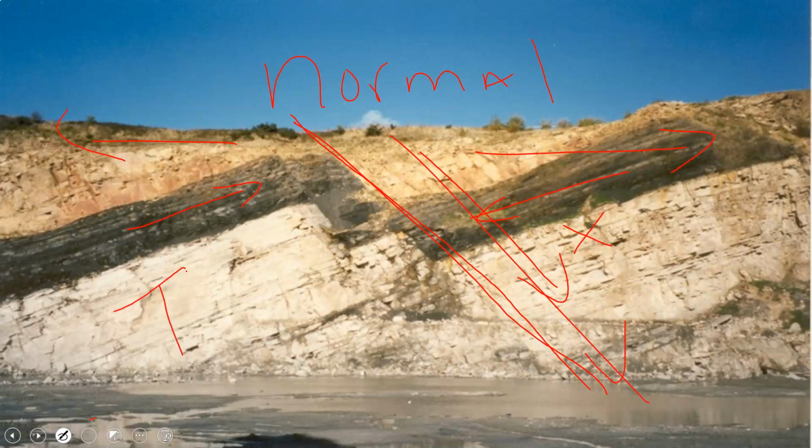So this is what is called tensional stress. By looking at this geologic structure, we can deduce what type of stresses were associated with this landscape, and the geologic structure we have here is of course a normal fault.